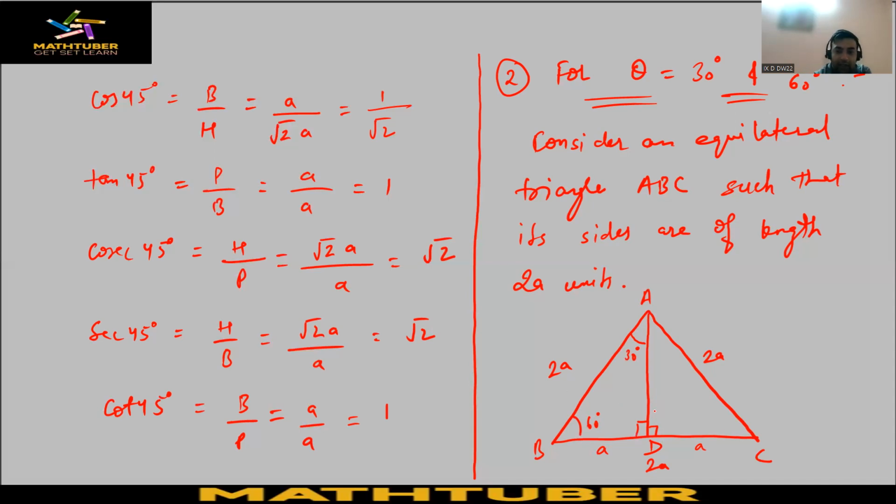So using Pythagoras theorem in triangle ADB, AB square is equal to BD square plus AD square.